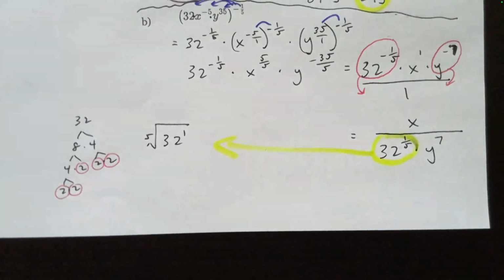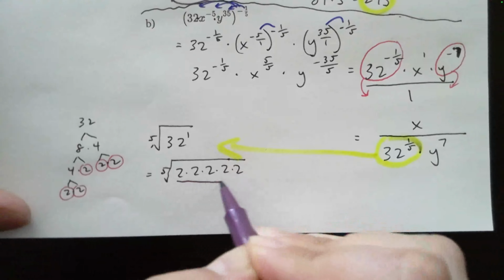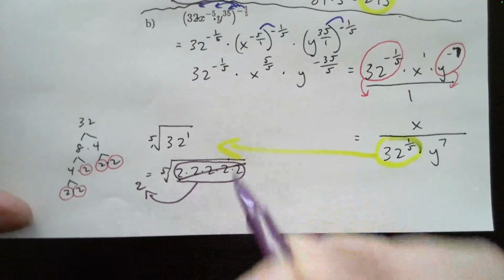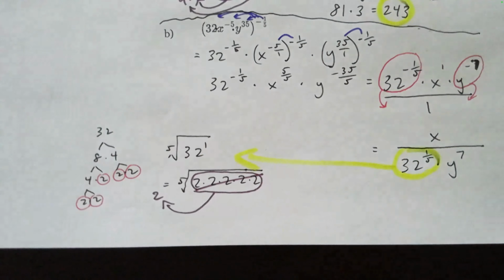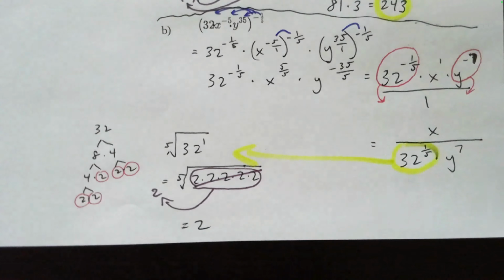One, 2, 3, 4, 5. Well, I'm looking for groups of 5. I got one group. Nothing left on the inside, so I don't need to write the root anymore.